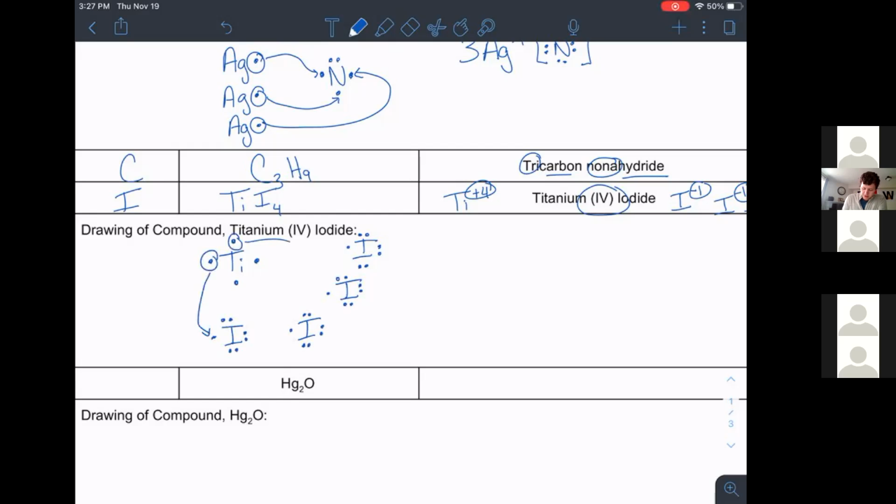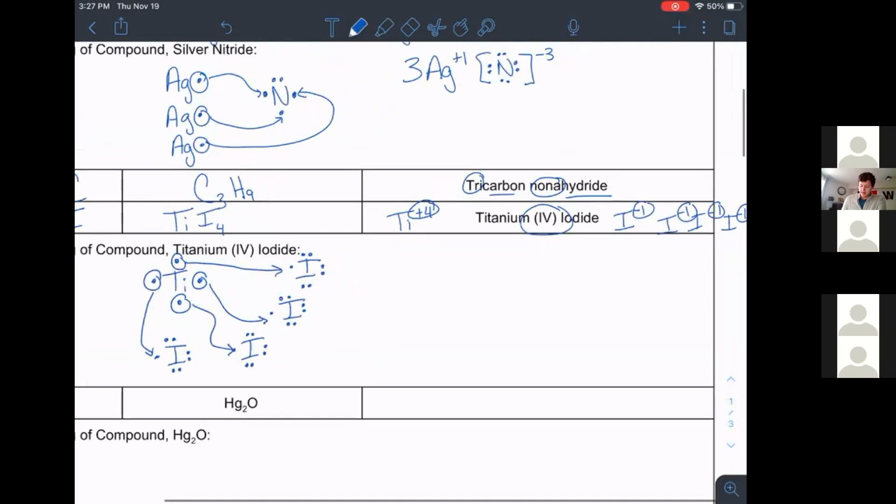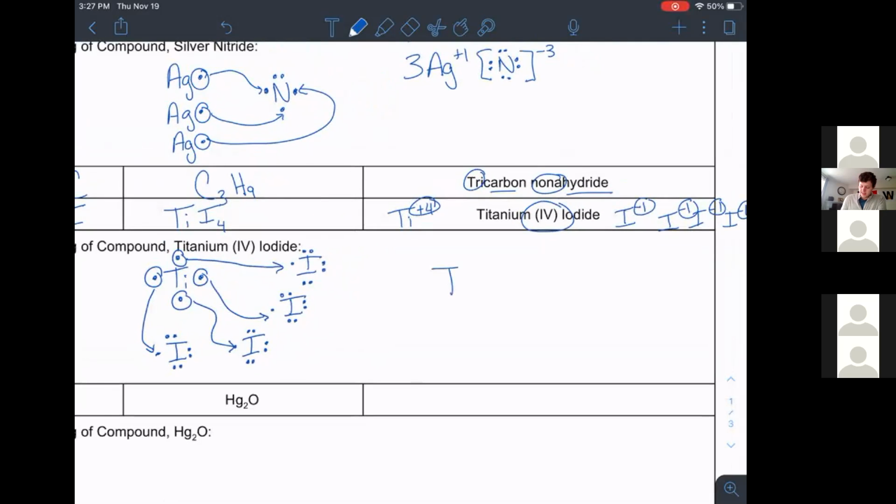They're not being shared, so we don't draw the circle between the 2 electrons. And then we draw them or write them in ion form. So we have 1 titanium ion with a +4 charge and 4 iodine ions with 8 valence electrons now, giving each iodine a -1 charge.